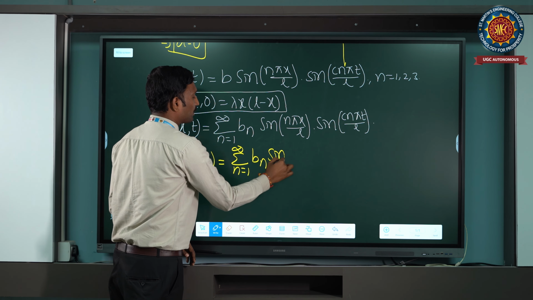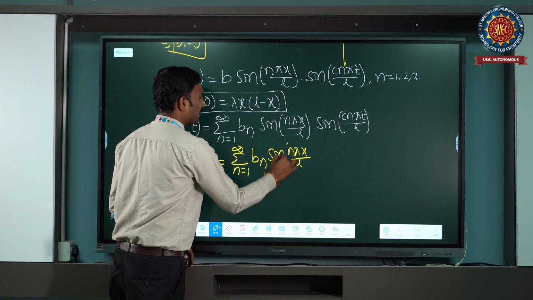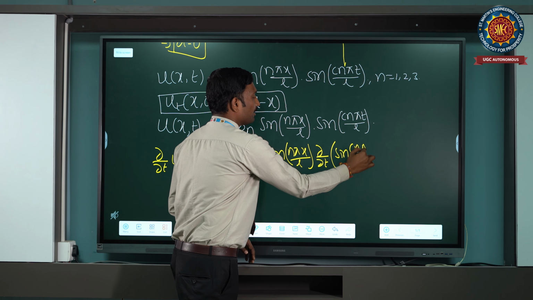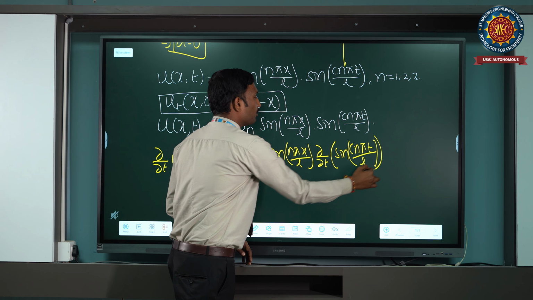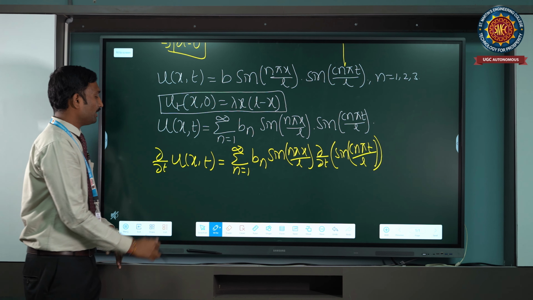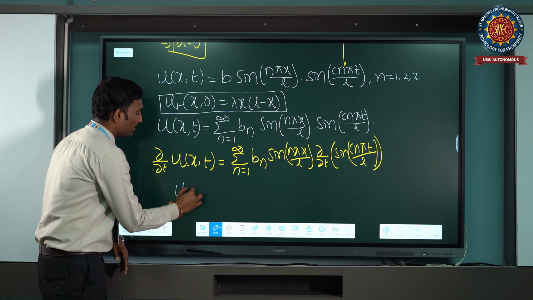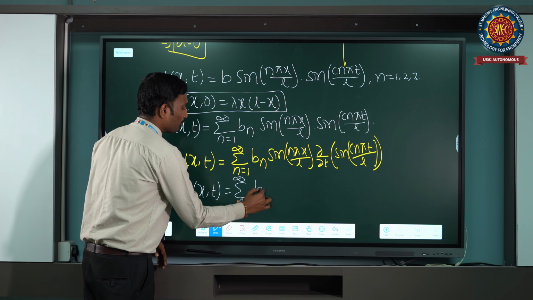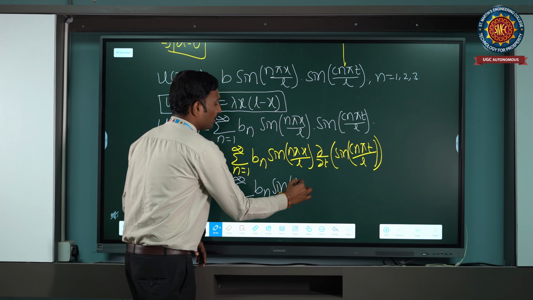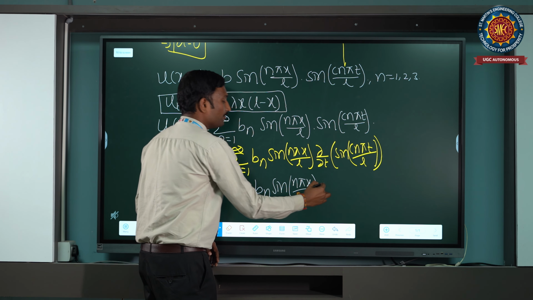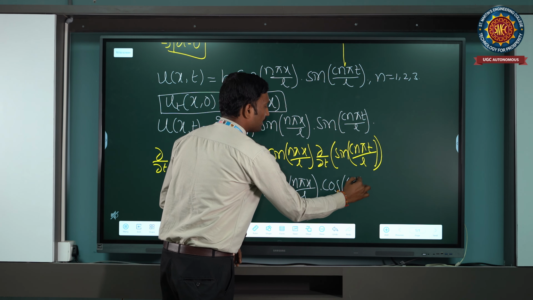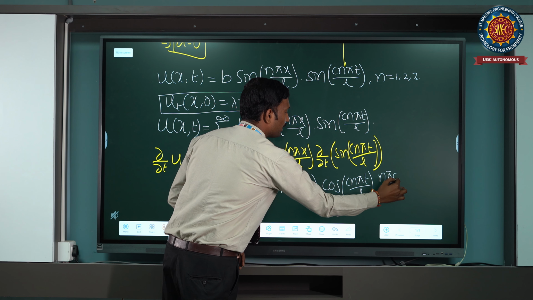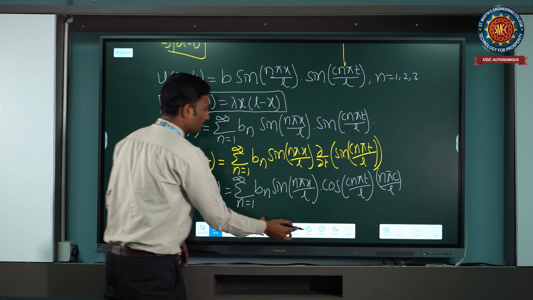The sine n pi x is constant with respect to t, so it will be treated as a constant, and we can apply the derivative to the sine Cn pi t by L. By applying the derivative to this Cn pi t by L, we get ut of x comma t is equal to summation n is equal to 1 to infinity bn sine n pi x by L, and the sine derivative becomes cos Cn pi t by L into the constant term, that is n pi c by L.